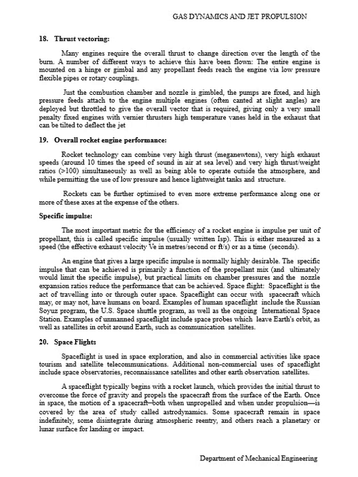An engine that gives a large specific impulse is normally highly desirable. The specific impulse that can be achieved is primarily a function of the propellant mix and ultimately would limit the specific impulse, but practical limits on the chemical chamber pressure and the nozzle expansion ratio reduce the performance that can be achieved.